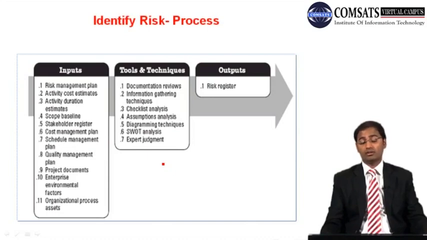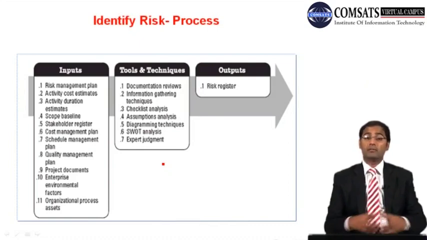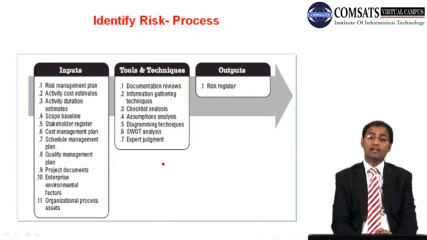So we are having activity cost estimates, and cost management plan is about budgeting and EVM stuff. Then schedule management plan, similar thing. Then quality management plan. Then project documents necessary to have explored for identifying the risk. Then enterprise environmental factors related to identifying the risk of a project. Then organizational process assets.